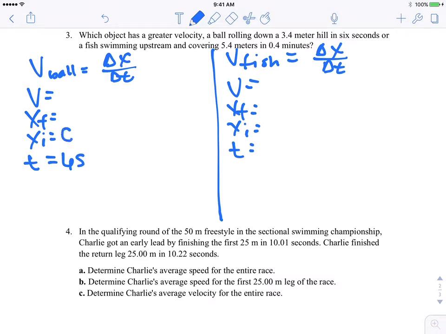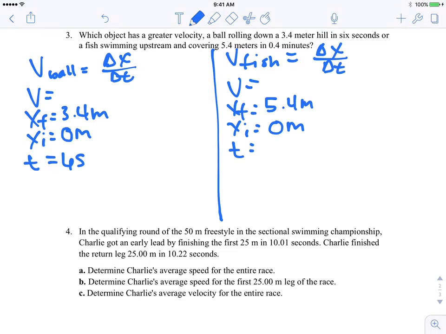So our initial position is going to be 0, and it rolls down to 3.4 meters. So it ends up being displaced 3.4 meters. All right, and then for our fish, again, initial position, we're assuming 0 meters, and he covers 5.4 meters. So his final position will be 5.4 meters.